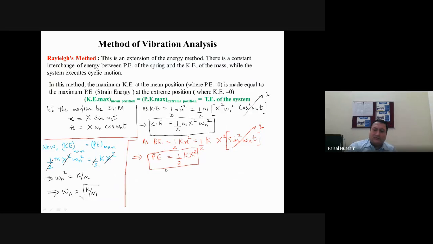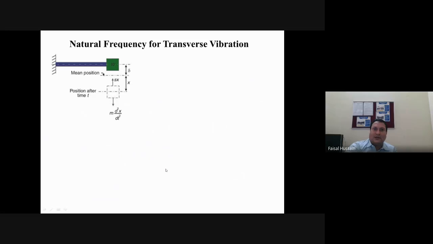and that is the natural frequency of transverse vibration. As I have told you, in transverse vibration, when the particles of the shaft or mass move perpendicular to the axis, then transverse vibration is set up.